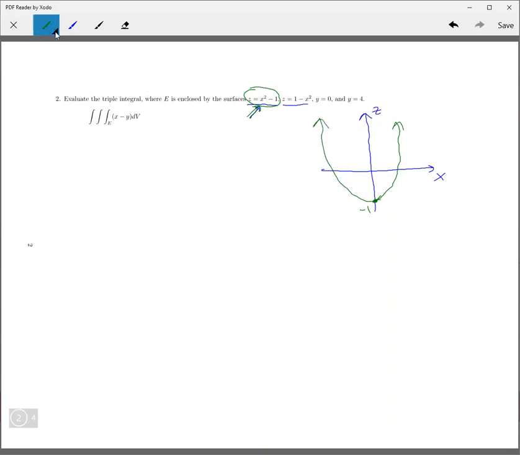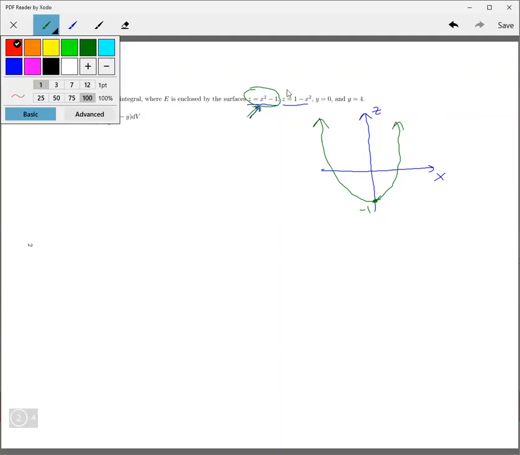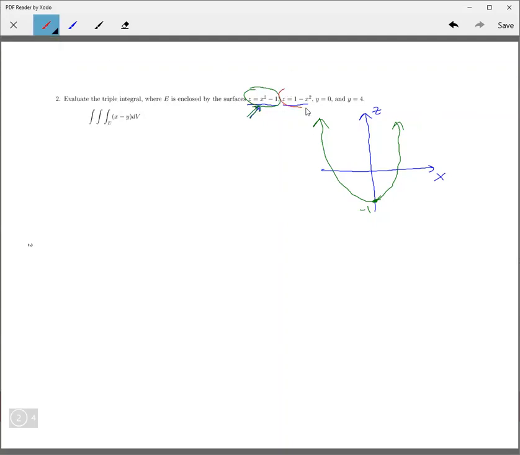Okay, and now this other one is, what is that? That's also a parabola. Where's the vertex? +1 and it's facing down. Yeah, and this one comes down. And these are gonna, okay, come on, man.